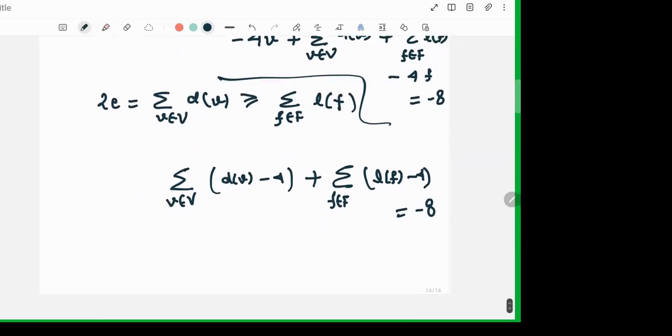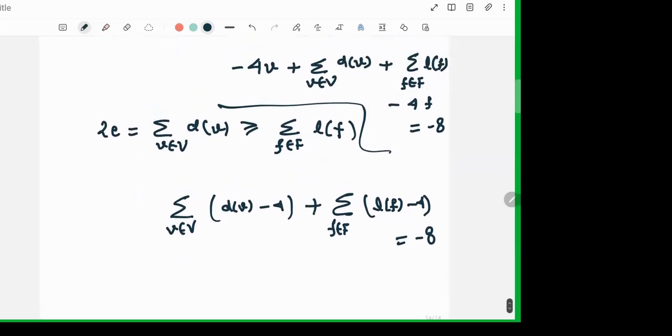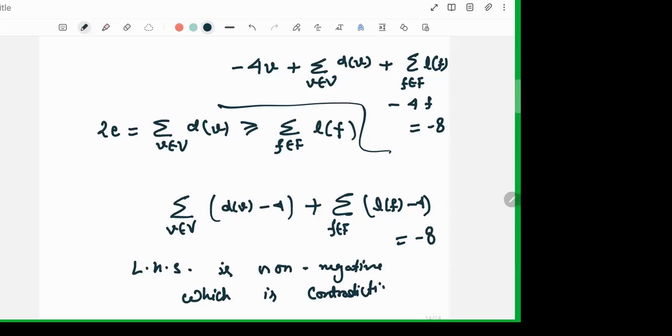Now what? We are given that every vertex has degree at least 4, right? Because we assumed that the condition doesn't hold. The right hand side is negative. So this LHS cannot be negative. LHS is non-negative, which is a contradiction.